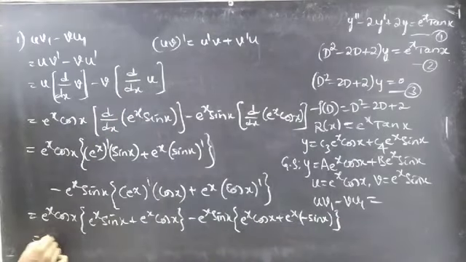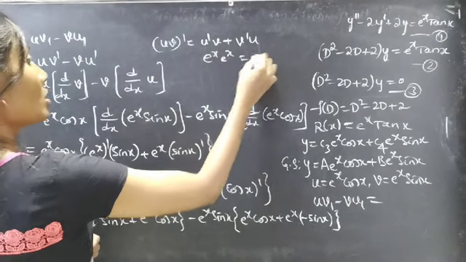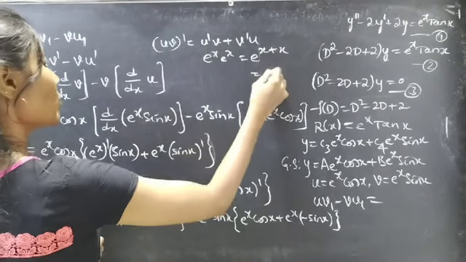which gives us e power x into e power x, right? e power x into e power x can be written as e power x plus x, which gives us e power 2x.